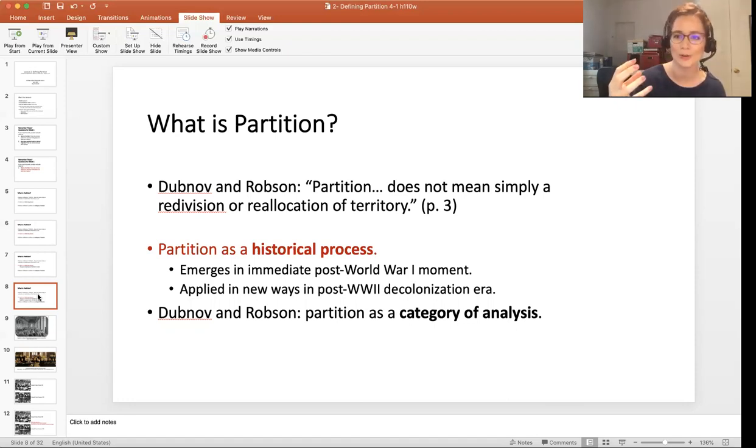So partition was created. It was a process that was thought up in this post-World War I moment as a means of resolving conflict, okay?